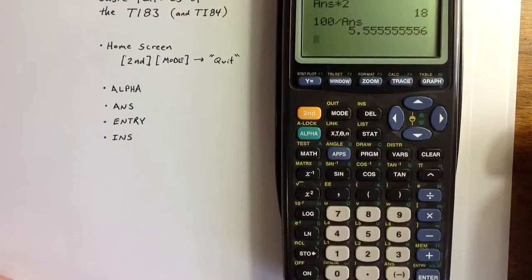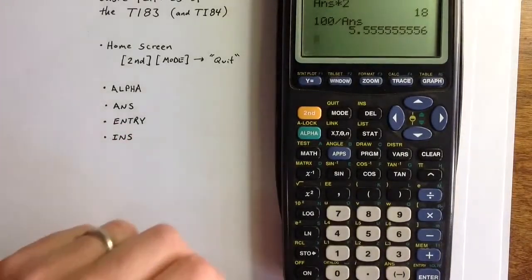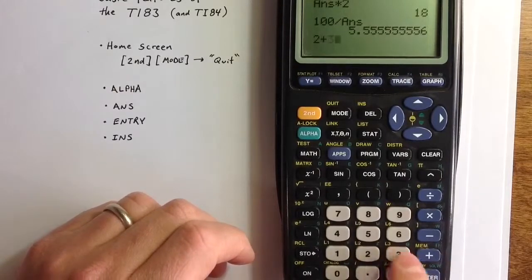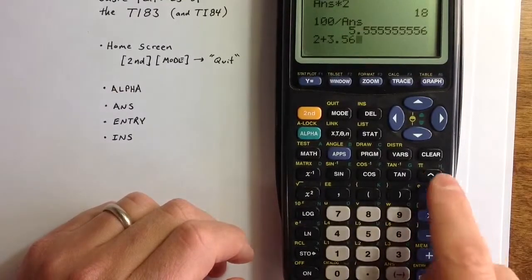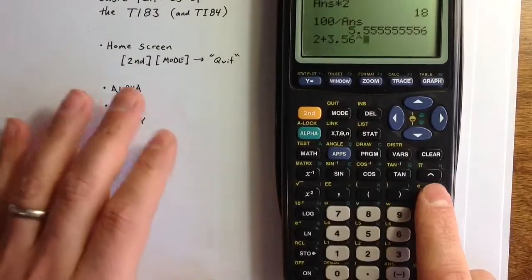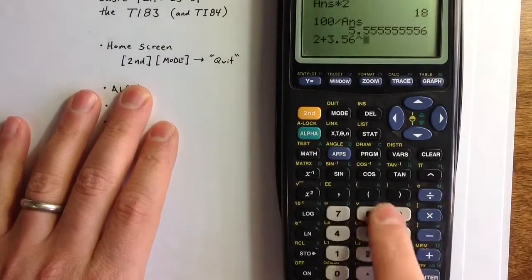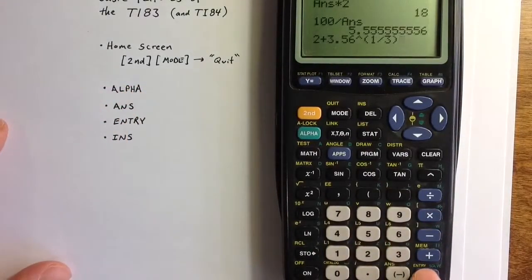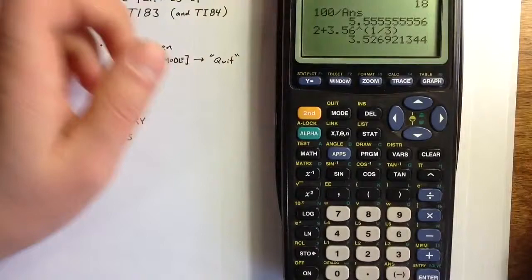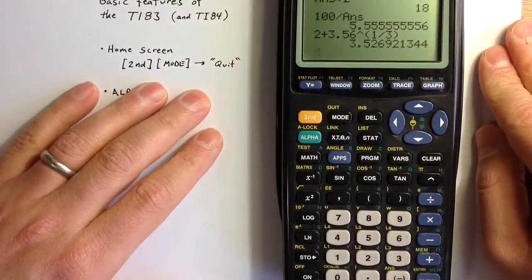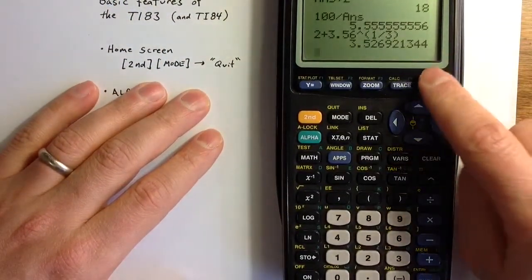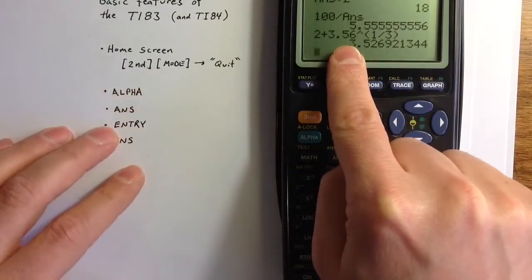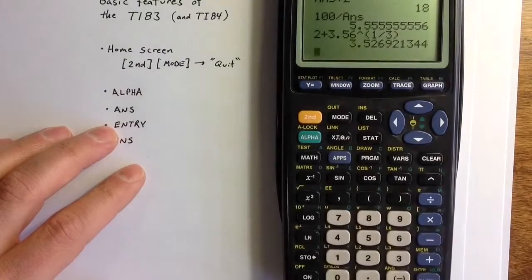Now suppose I type in something that's maybe a complicated expression like 2 plus 3.56. The caret key introduces an exponent, so maybe I want to raise that to the 1/3 power. And we calculate that number and get some result. And now let's say I wanted to change the 3.56 to 3.46.